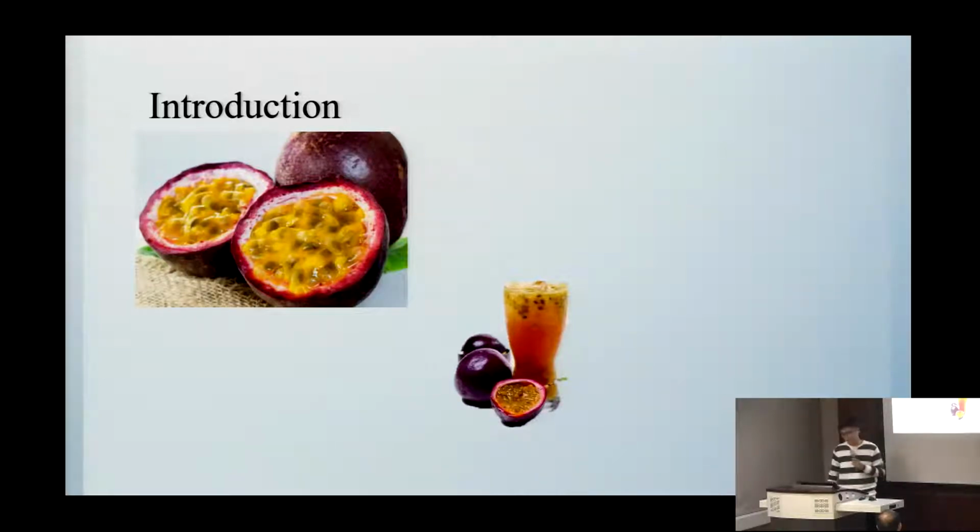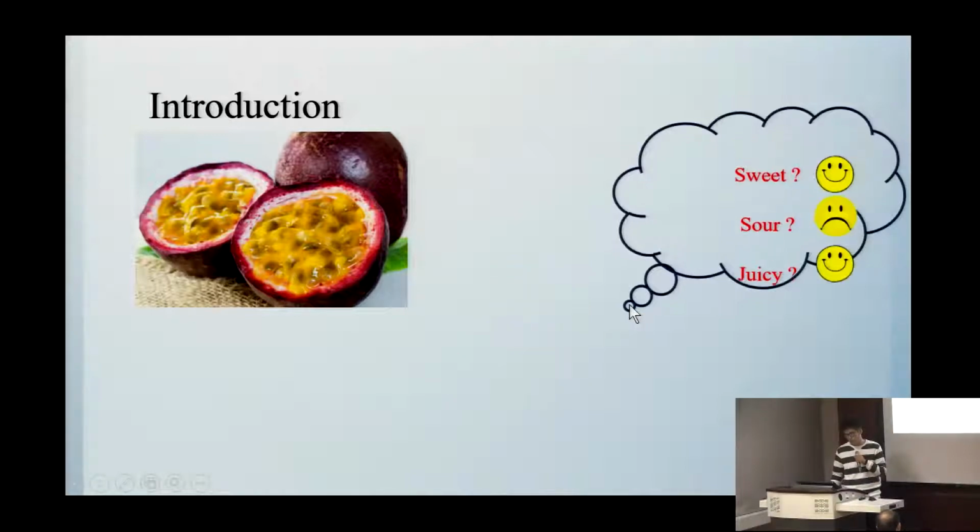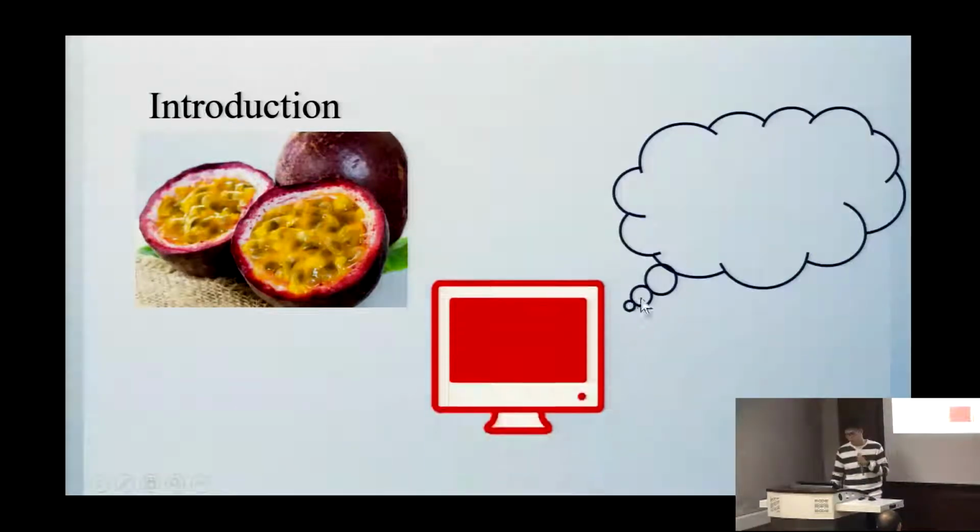Originally, we taste the juice of it, and we can know it is sweet, sour, or juicy. But it is not the proper way. We should know that before we drink it. So we've got to use a non-destructive method to test and know the quality of the fruit.